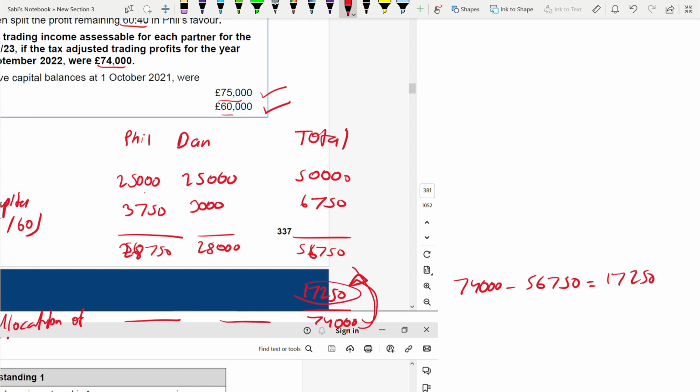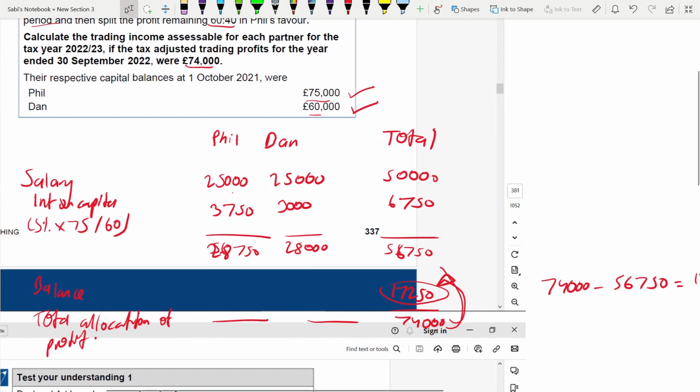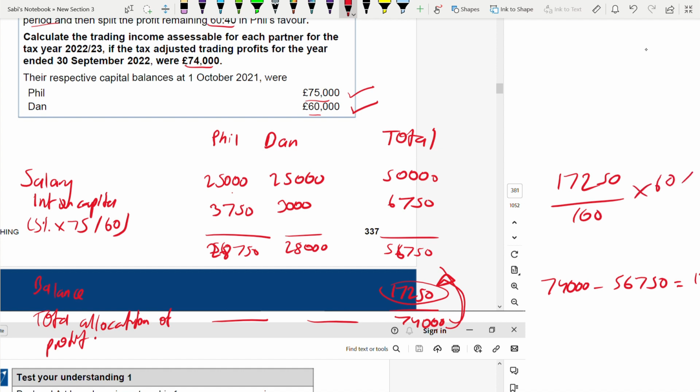This 17,250 is divided in the ratio of 60-40: 60 for Bill, 40 for Dan. I'm sure you know how to divide by 60, 40. If you don't, it's like this: 17,250 divided by 100 times 60%, and 17,250 divided by 100 times 40%. You will get the amount: 60% for Bill is 10,350, and for Dan it is 6,900.